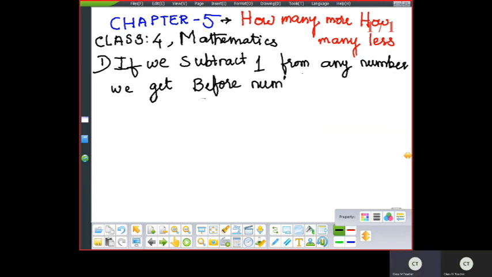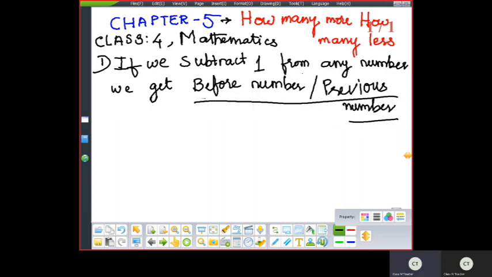Yes or no? As I told you in your earlier classes, previous means one step before. So you know the term which I am using here. You are familiar. You are not LKG, UKG children, no kids?